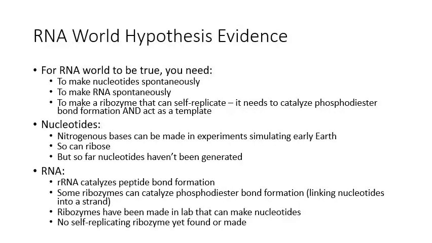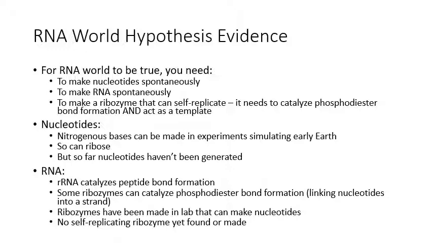We've also been able to make ribozymes that are able to create nucleotides, but that doesn't super help us necessarily, because in order to get the ribozyme in the first place, you already have to have the nucleotides. What we've not been able to do is make a ribozyme that replicates itself. So we have a ribozyme that can catalyze phosphodiester bond formation, but not one that can also use itself as a template and make a new copy of itself.